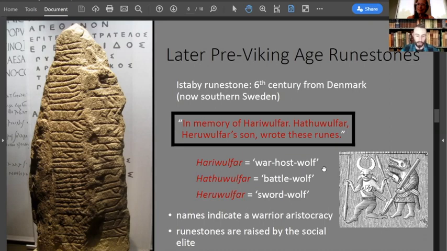So most likely we have members of a warrior aristocracy, and they may have been similar to the berserkers whom you may have heard about, the Viking Age bear warriors. Only in this case we would have wolf warriors. So whatever the case is, this is definitely the social elite raising runestones still, and we'll see more of that.